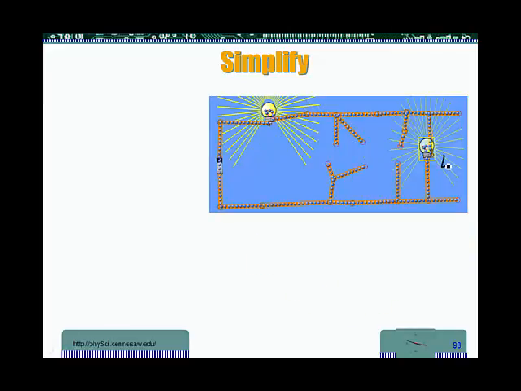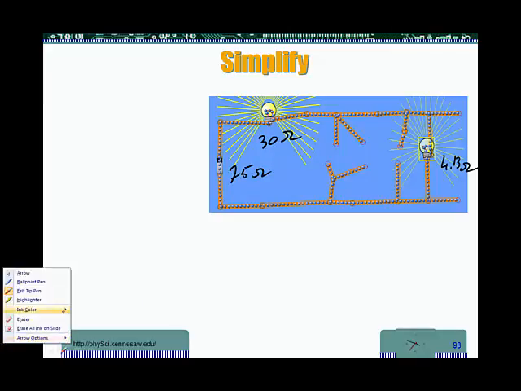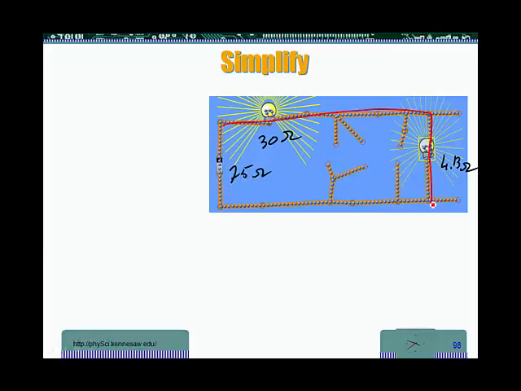So now we have 4.13 ohms, 30 ohms, and my voltage source, which is 75 volts. Now these two resistors are obviously in series. There is nothing else left in the circuit. So the overall resistance is just 34.13 ohms.